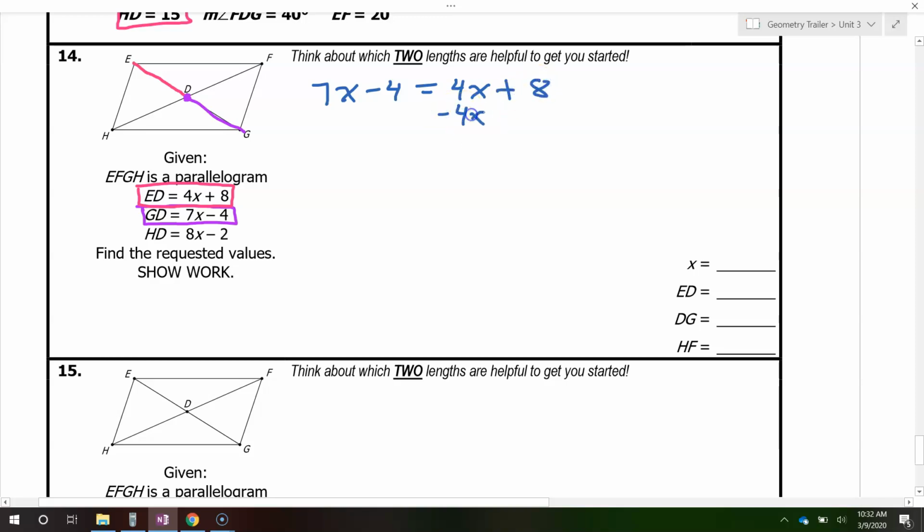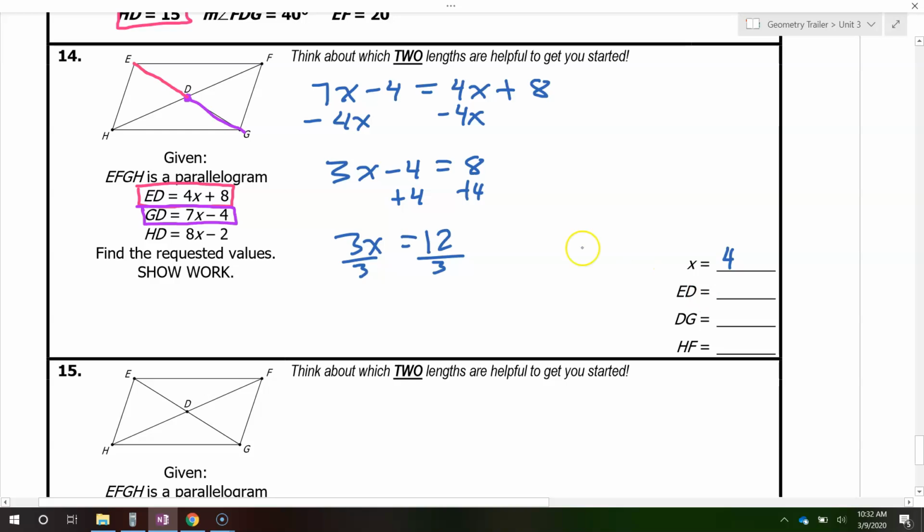If I subtract 4x from both sides, that gives me 3x minus 4 is equal to 8. Adding 4 to both sides, I get 3x is equal to 12. And if I divide by 3, x is equal to 4.